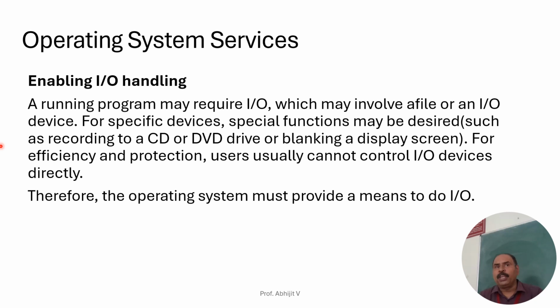An output can be given to a file also. So input output handling, you can do either to a file or any input output device. It could be a printer, it could be a CD, DVD drive, or something else. It could be a projector screen, like what we are doing in our smart TV, right?